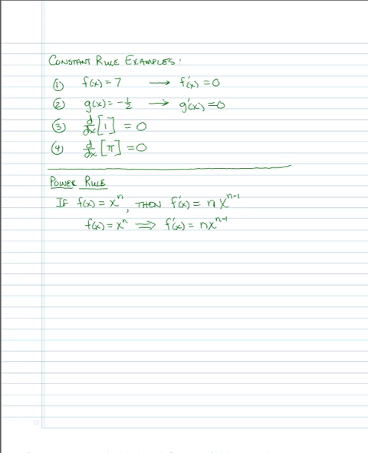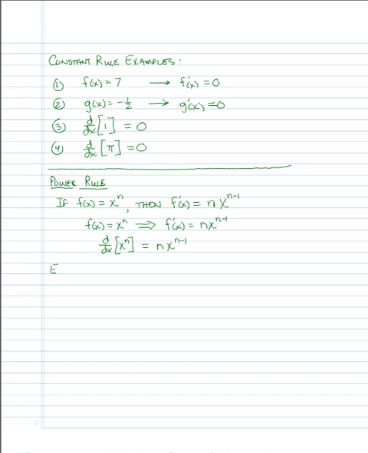Or, in this d notation, the derivative of x to the n power with respect to x is n times x to the n minus 1 power. So again, let's look at some examples that go with this power rule.